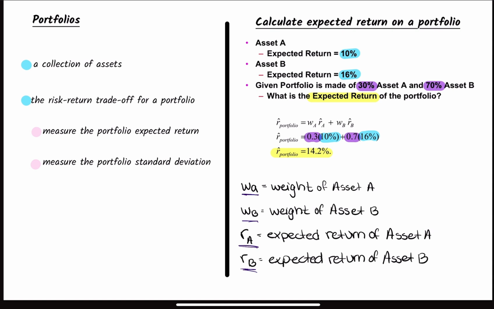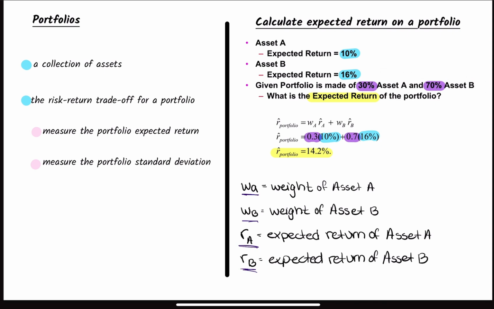In this case, the portfolio is made up of 30% of asset A and 70% of asset B. So say if there was $100 in the portfolio, $30 would be in asset A and $70 would be in asset B. So when we want to calculate the expected return of the portfolio, it's based on the weighted average of what is in the portfolio for each asset.